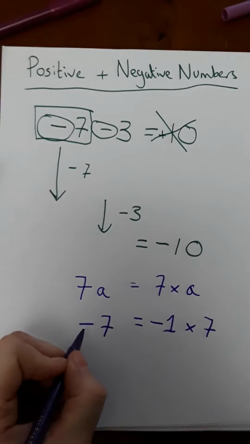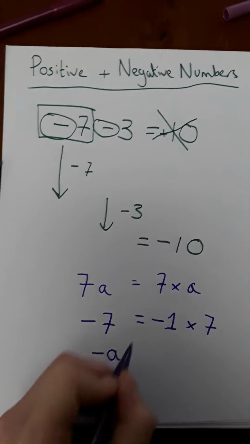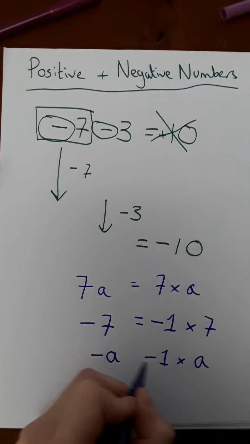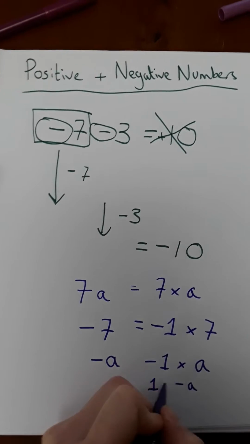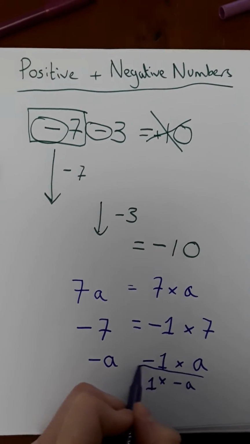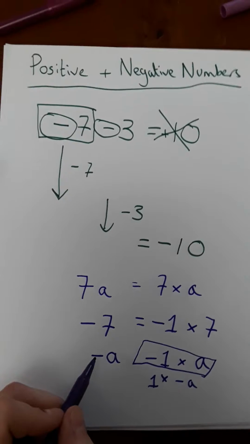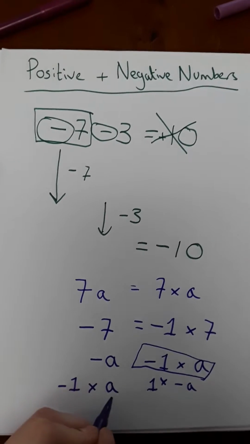We use just a symbol. So for instance, when we see minus a, that really means minus 1 lots of a, or 1 lot of negative a. They're the same thing. But I like to think of it as this: every time I see a negative, I think of it as negative 1 times a.